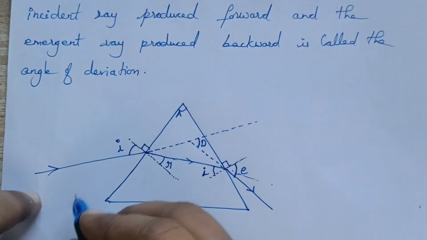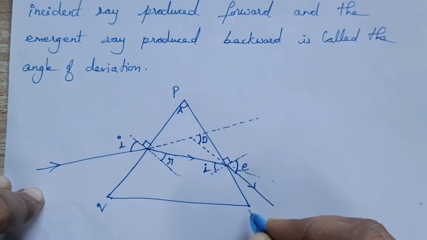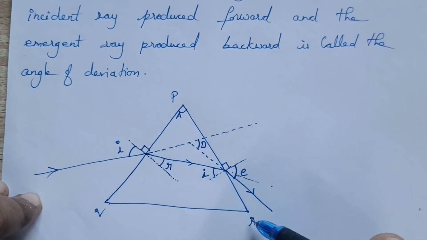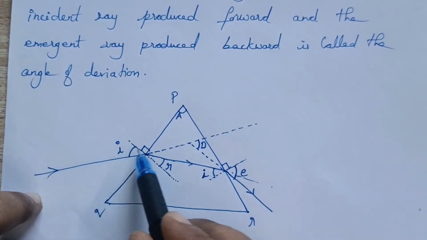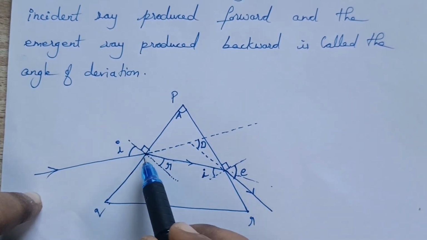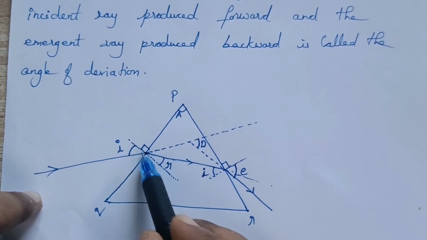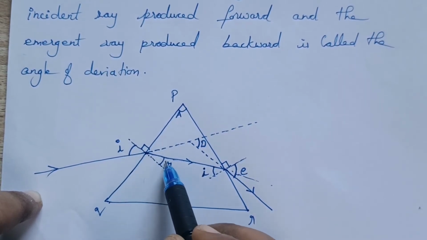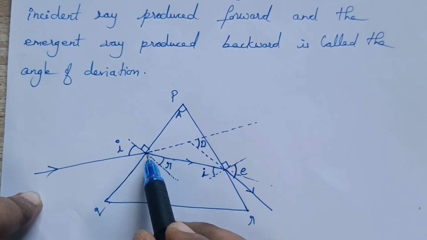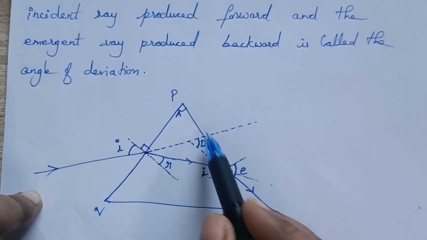We'll mark this face as P, Q, R: one at the surface PQ, another at the surface PR. When the ray is incident on surface PQ from rarer to denser, it moves towards the normal. This is the normal to this surface. This refracted ray acts as the incident ray for the second refraction.